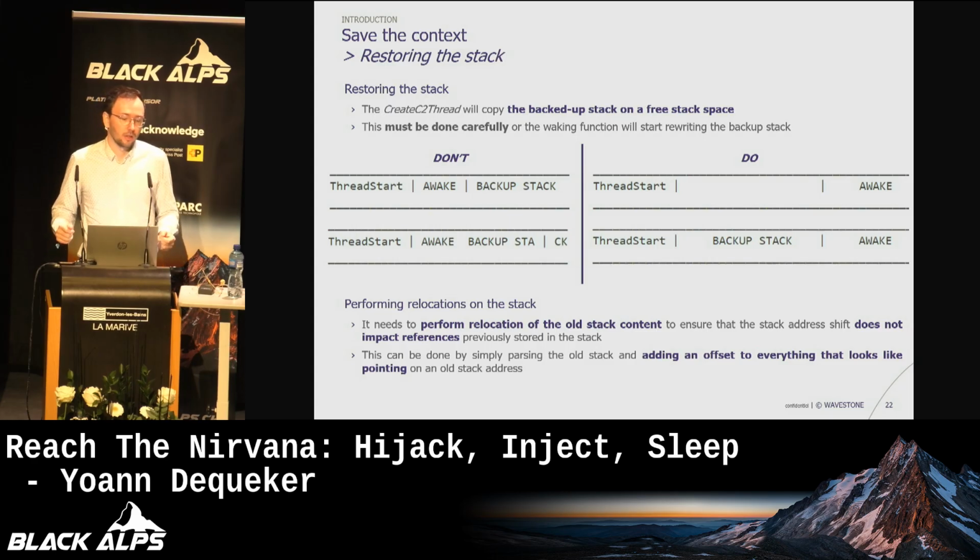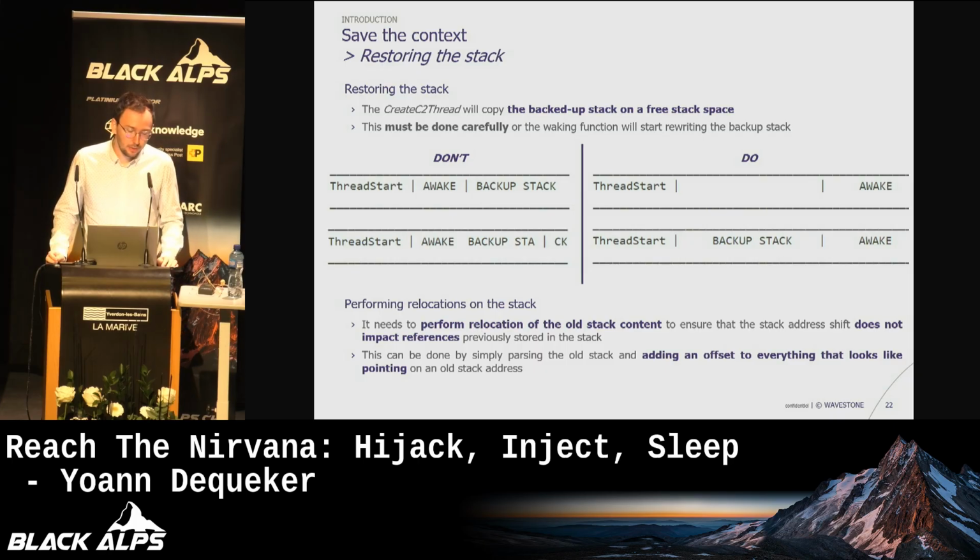So the Nirvana hook will be configured to just create a new thread and try to restore the context. By restoring the context, the first step will be to restore the stack. And this must be done carefully because if you just copy your stack at your given stack address, the function that is trying to awake the beacon will start erasing your backup stack every time it's creating a new variable.